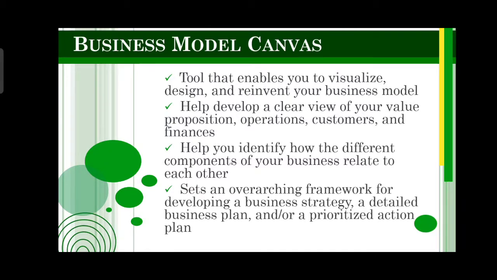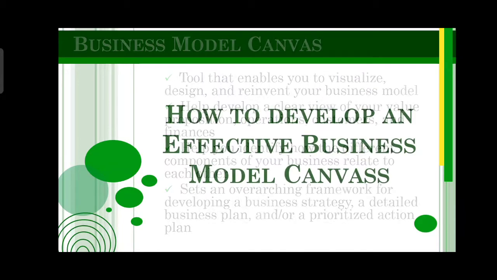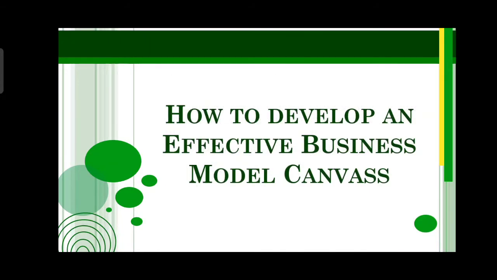So, how do we develop an effective business model canvas? There are a few tips. First is to identify your specific audience. Targeting a wide audience won't allow your business to hone in on customers who really need and want your product or service.